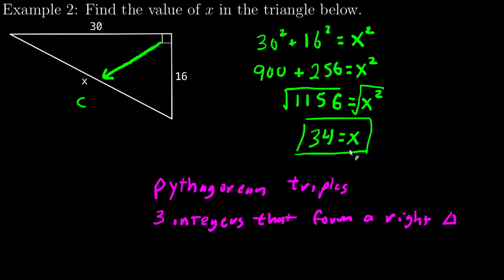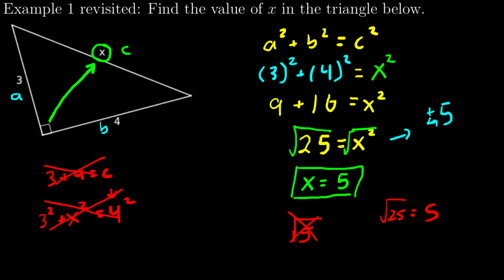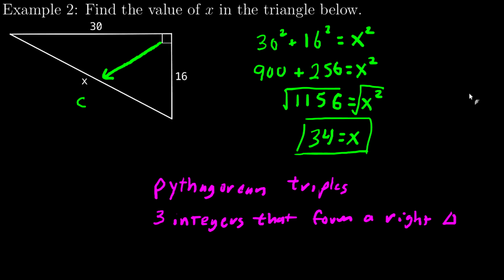So in many cases, when you take a square root, you'll get a decimal. We'll deal with that in the next video. But for now, I am dealing with Pythagorean triples. 16, 30, 34 is one example of it. Or a previous problem, 3, 4, 5 is an example of a Pythagorean triple. So don't think they always have to be nice values. For this video, for the attached worksheet, they will be, but in many cases they're not.